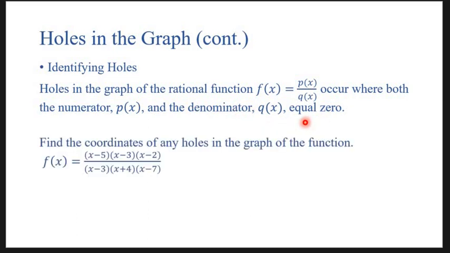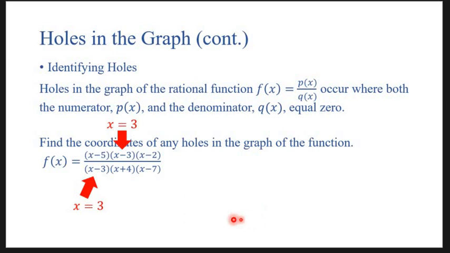So if we were given this question, find the coordinates of any holes in the graph of the function. Now we already know where they are, but here's how we would identify them. We'd identify any values of x that make both the top and the bottom equal 0. And there's only one value here that makes both the top and the bottom 0, and that's x equals 3.